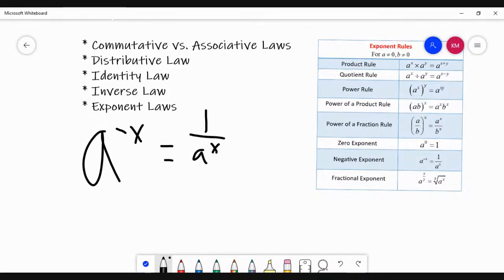Well, say for instance, I have 2 to the negative 1. Based on the negative rule, that means it's 1 over 2 to the 1, which of course gives me 1/2.